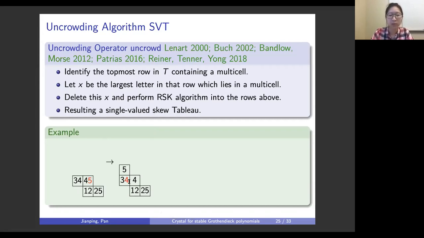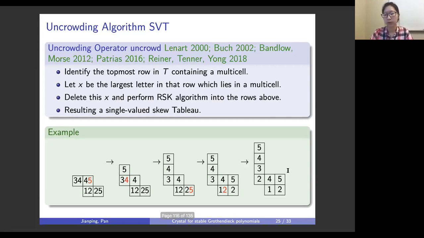The next topmost largest element in the multi-cell is 4. So we delete 4 and perform RSK insertion. The 4 will bump the 5. The next one will be the 5, and it just goes up. Then the 2 will bump the 3, will bump 4, will bump 5. So in the end, you get a semi-standard Young tableau of skew shape.